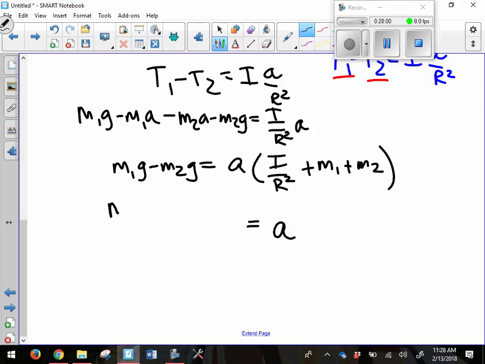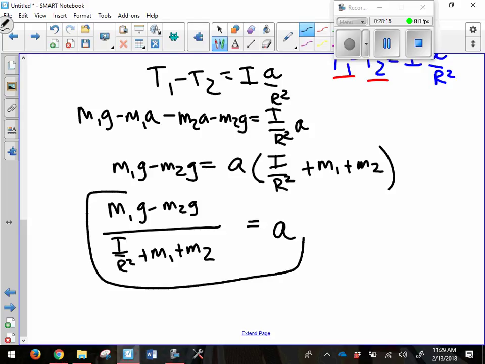And then A is going to be M1G minus M2G over I over R squared plus M1 plus M2. Which should look suspiciously like what we had for acceleration when we figured it out, except that this term was missing, right? If I block that off, then what I have is M1 minus M2 over M1 plus M2 all times G, okay?